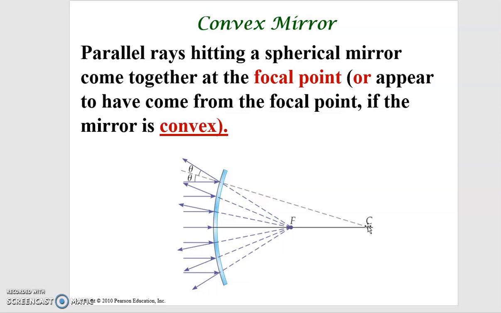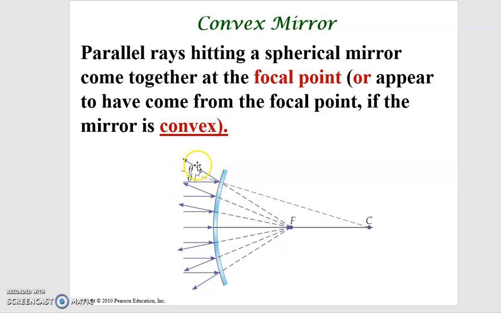Because the center of curvature has the same distance to the surface of the convex mirror, it behaves like the center of the spherical surface. So it is definitely also perpendicular to the surface.